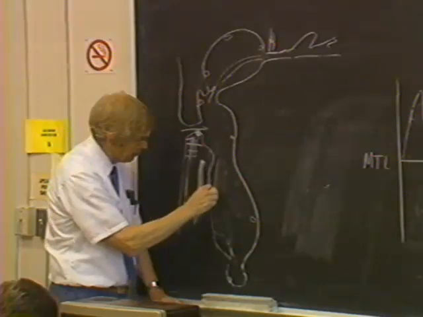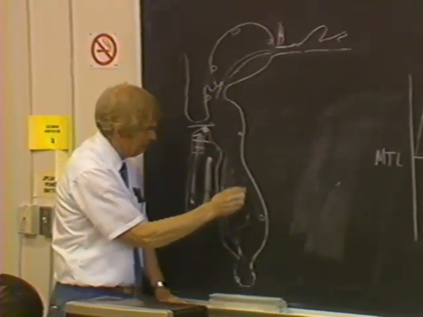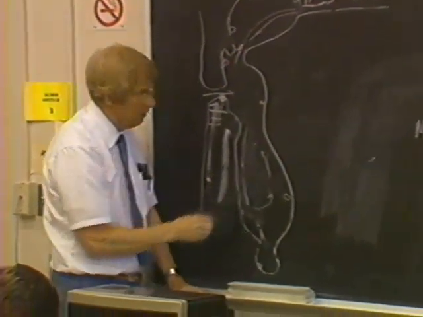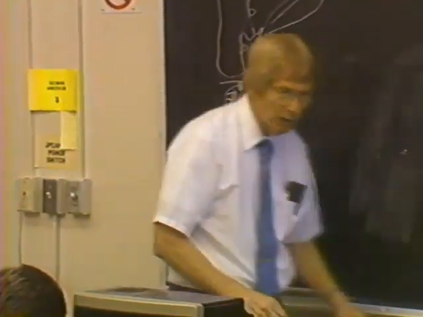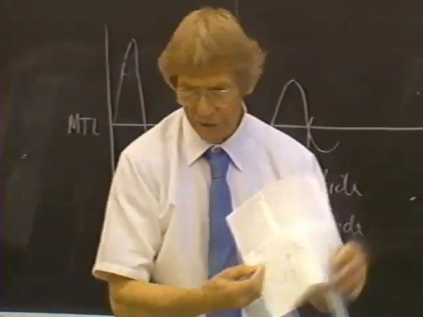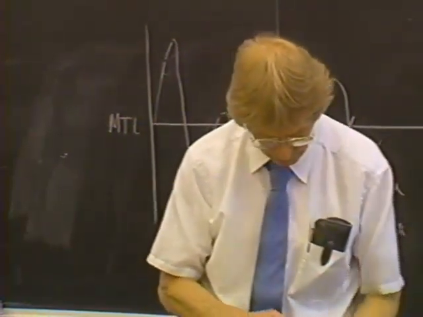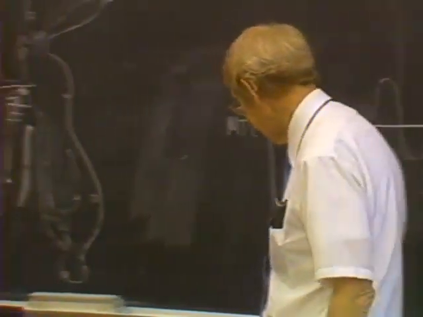In South San Francisco Bay, for example, the current generally goes something like this. And it's common to have, well, Dyer shows it here in an illustration in the handout, a circular path of current.